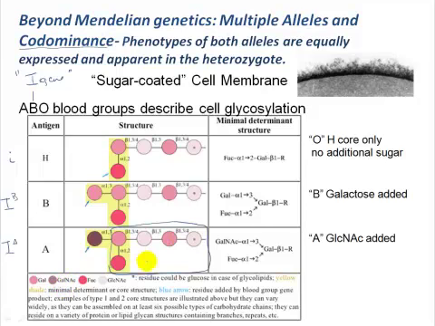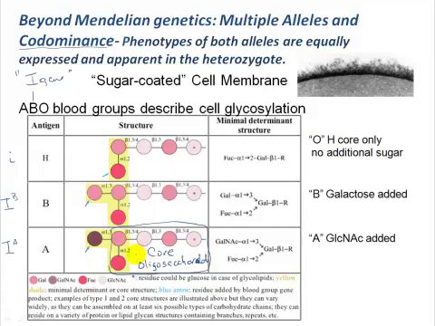So this boxed region that I've shown here is a core oligosaccharide. Sorry, that should be an I. So this is a core sugar structure that's added onto the protein. And then this I gene enzyme is responsible for modifying this core oligosaccharide, so adding something on or not adding something on.